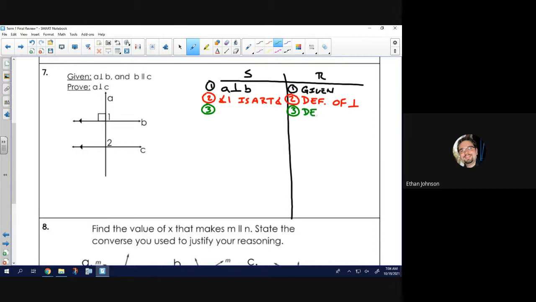So I know my next reason is definition of right angle. So I know right angles mean that they are equal to 90 degrees. So the measure of angle 1 equals 90. Now I want to put a little mark off to the side because I can't go any further with that, and most likely we're going to have to come back to this.